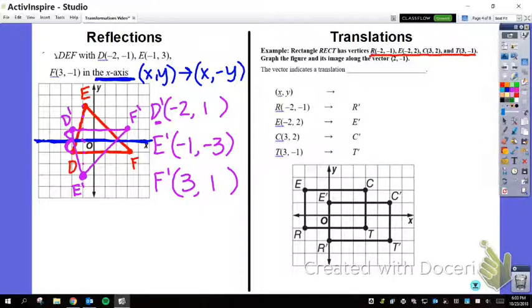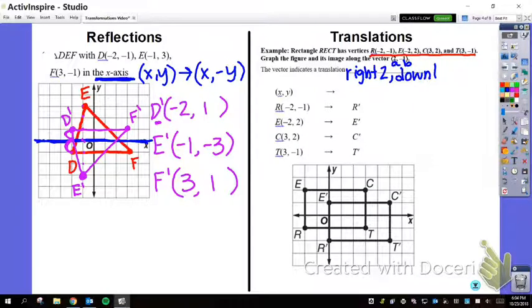If our vector is 2, -1, this would be A and this would be B. So that 2 we know goes with our X, and it's positive, which means we are going to the right 2 units. And then B goes with the Y and it's negative, which means we are going down. So we are going down 1 unit.